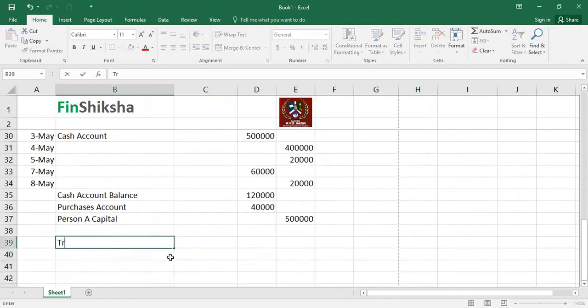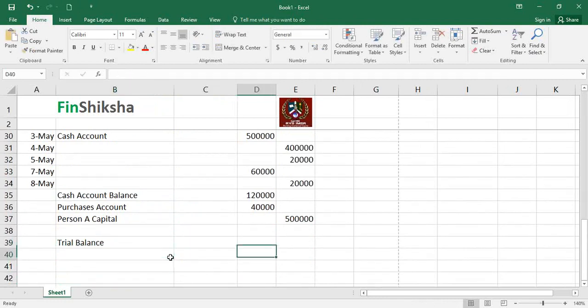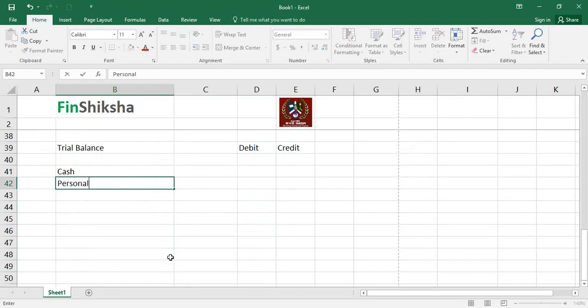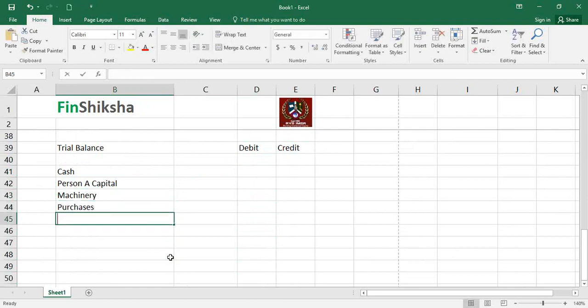Now when we create a trial balance out of it, a trial balance is going to have all these account headers, and it will have a debit and a credit, and the debit should match the credits, right? So let's put cash, let's put person A capital, let's put machinery, let's put purchases, let's put sales.